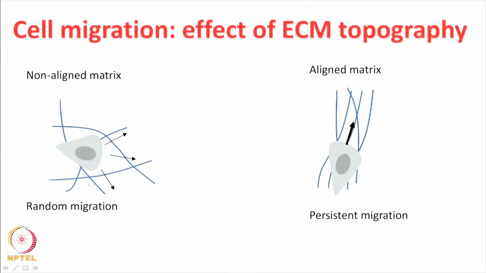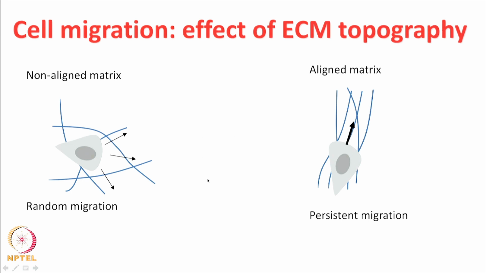What you see here is a cell migrating on a non-aligned matrix, in which, in the absence of any other directional cue, the cell is going to exhibit random migration, versus in this matrix these fibers provide some directional cue, as a consequence of which the cell tends to migrate along one particular line.